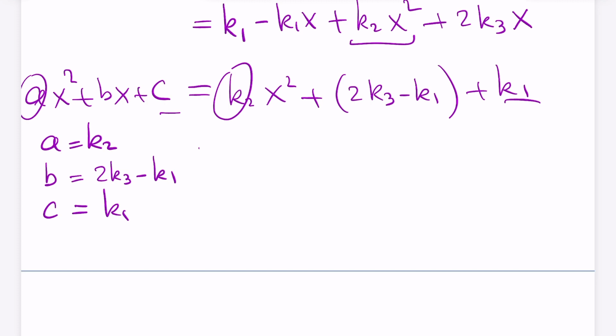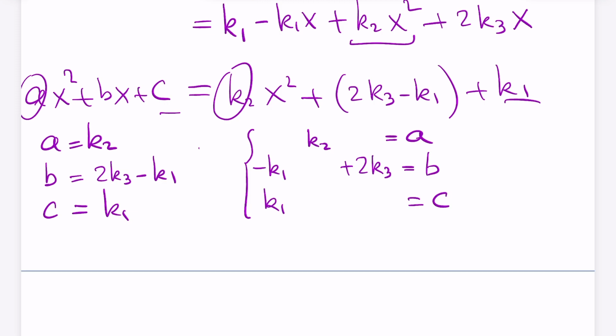We can write this as we normally do with polynomials, putting in order k1, k2, k3. So the first equation will be k2 equals a. The second one will be minus k1 plus 2k3 equals b. And the third one will be just k1 equals c.